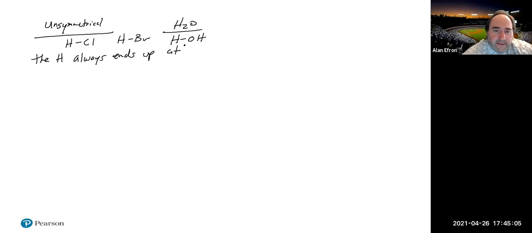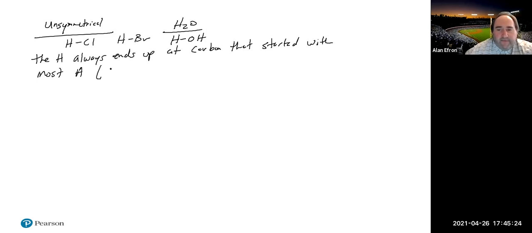So that is where the hydrogen should end up, at that carbon that started with the most. And that's what's sometimes referred to as Markovnikov's rule.